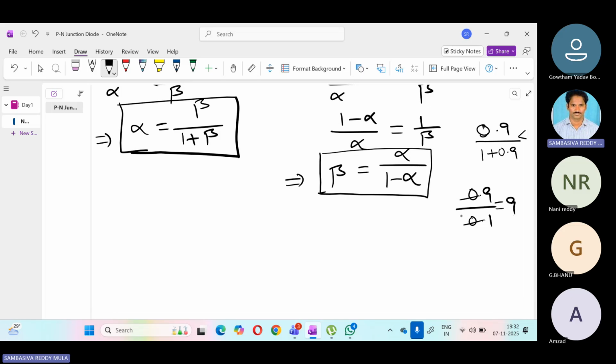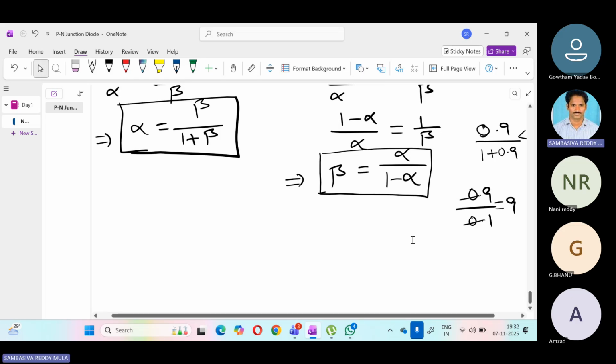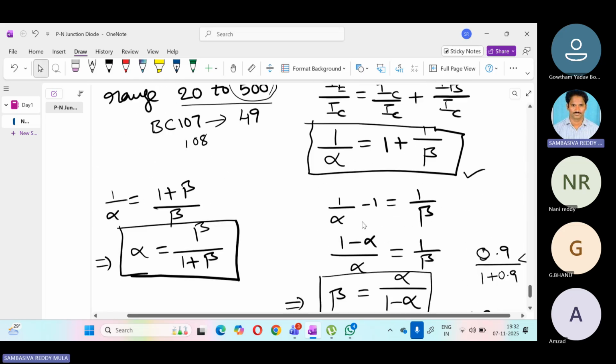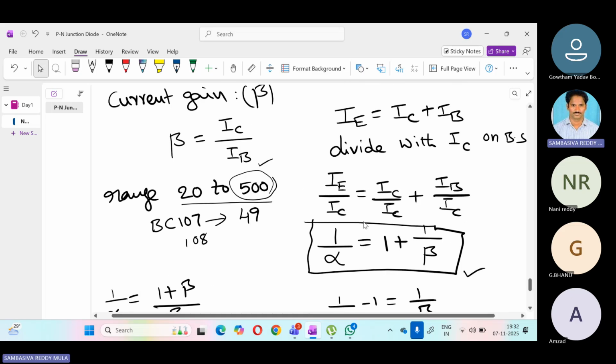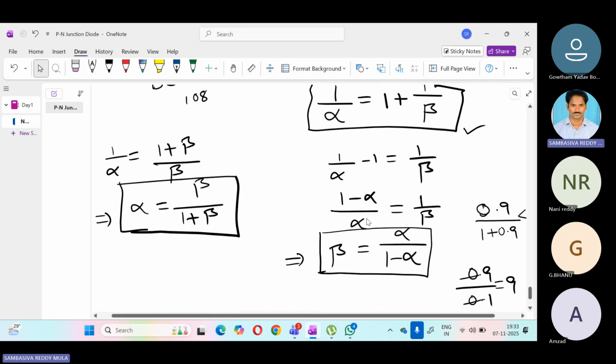Generally alpha ranges from 0.95 to 0.995. If you substitute 0.95, we get beta more than 20. So this is the relationship between alpha and beta, very simple to remember and very important in solving problems.